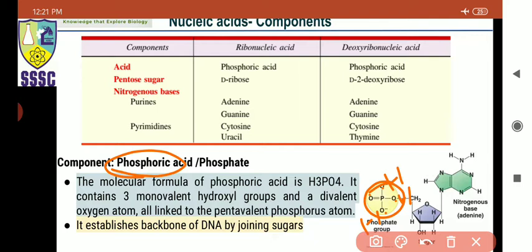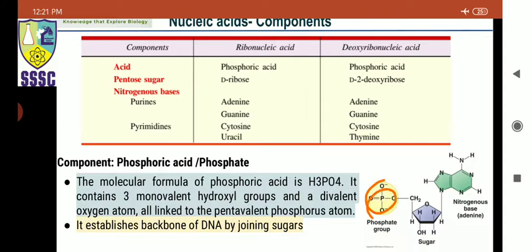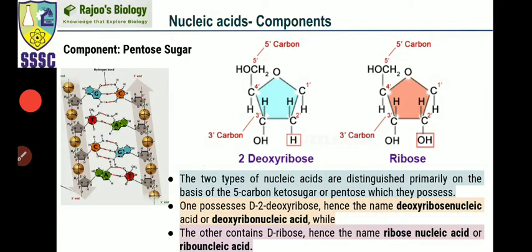So an O minus, a PO4 minus group is there, and it links with one sugar on the downside and one sugar on the upper side. Here there is the 5 number sugar, and on the upper side there is the 3 number sugar. So it establishes the backbone of DNA by joining the sugars. That is its role. The phosphate is common in both DNA and RNA.